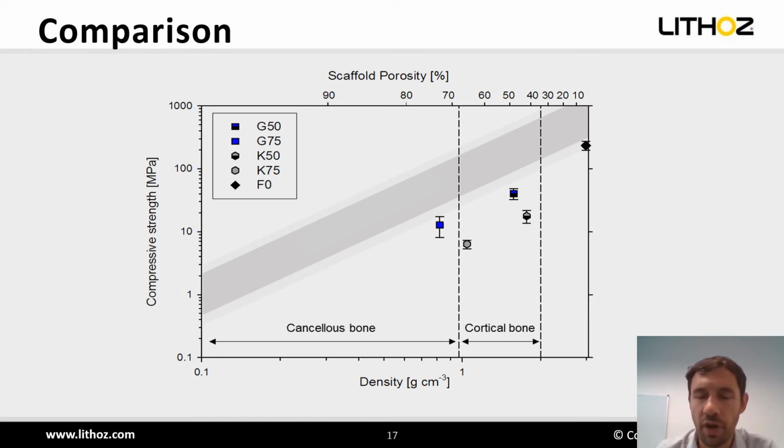We're not too far away. So here we do have the cancellous bone, so the spongy bone with a high porosity, and here the more rigid cortical bone. And depending on the way we design the scaffolds, it's possible to get to very reasonable approximations with a good fit in terms of density as well as compression properties.